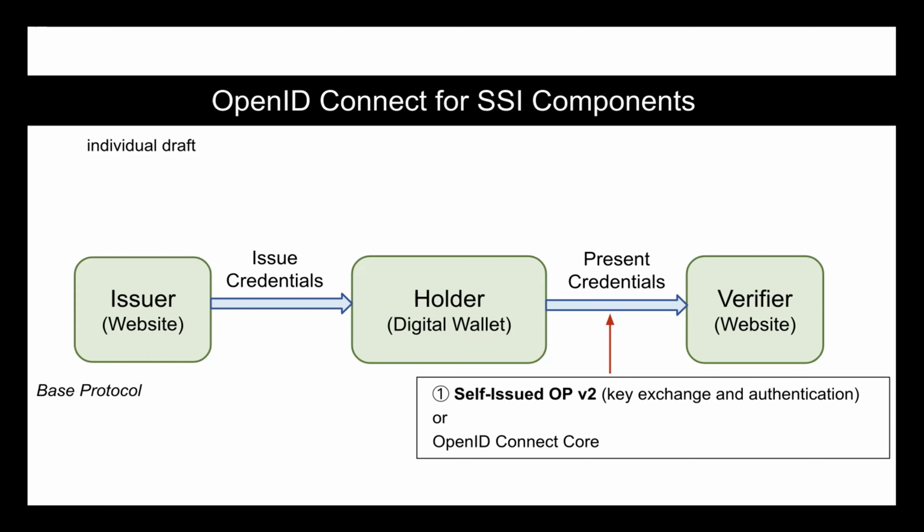If we start on the holder to verifier side, the basic layer is provided by SIOP v2, which is the next generation of self-issued OP, as it was defined in the OpenID Connect core spec. It's used for key exchange and authentication. You might see that as an alternative to DID authentication, for example.